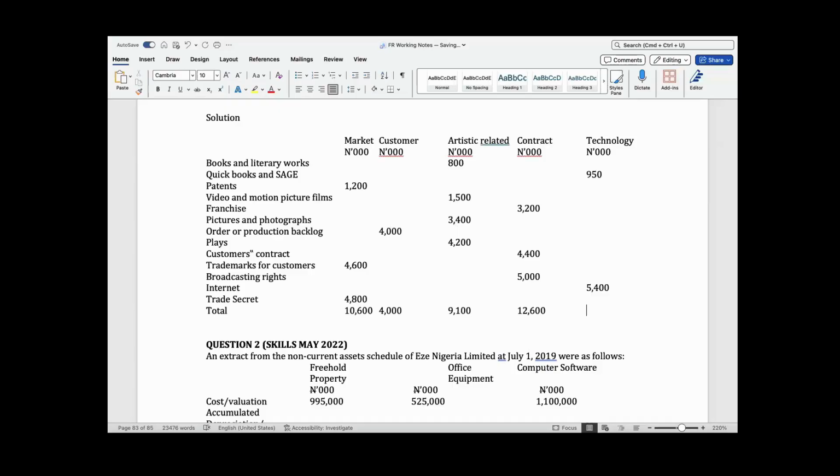Artistic is 9,900. This is 9. No, it can't be 9,900. Abi? 800 above. Calculate again, it's 9,1. This 13, 17. I think it's 99. I think you should check it. Where's your calculator?